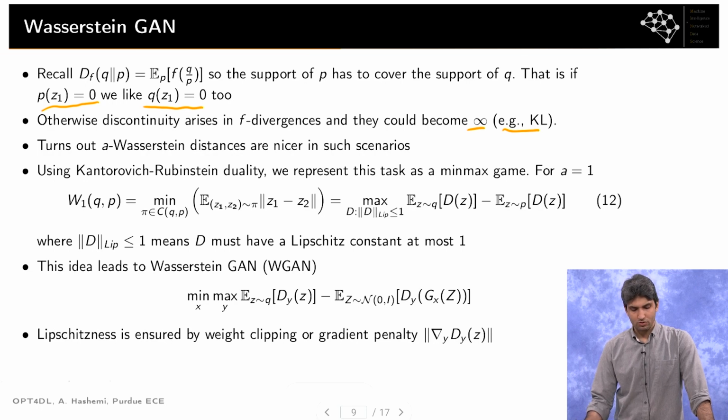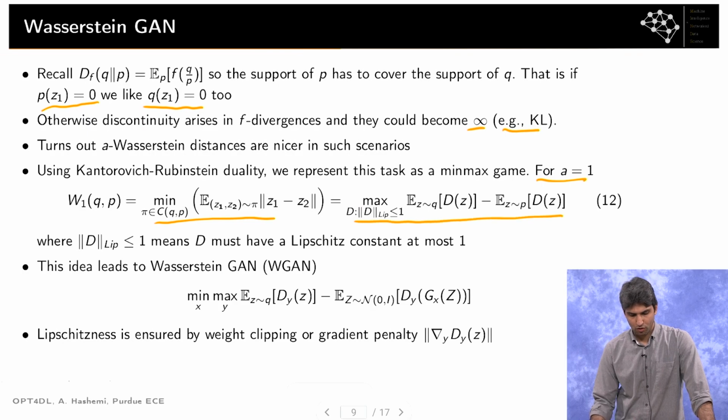And we can use that to basically represent the task of generative modeling with vacillational distances, again, as a form of min-max game. In particular, if you consider one vacillational distance, which is defined here, you can show that it's written in this form. So it is a maximum, okay? And then if you want to minimize the vacillation distance, therefore we are minimizing the maximum of these function differences, therefore a min-max game. Okay.